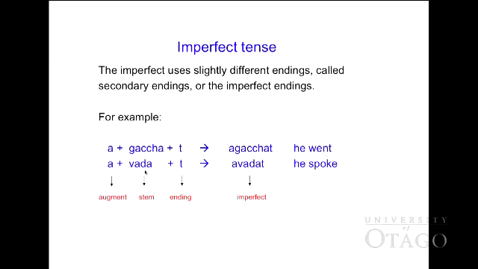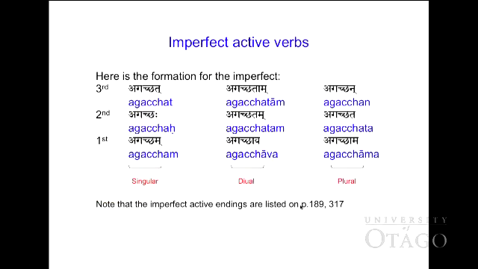Plus the stem of what, vada, speak, plus ending t. So it will be avadat, he spoke. And all this is the third person singular. You can see from this chart the imperfect active or parasmaipada verbs start from third person, second person, and first person.